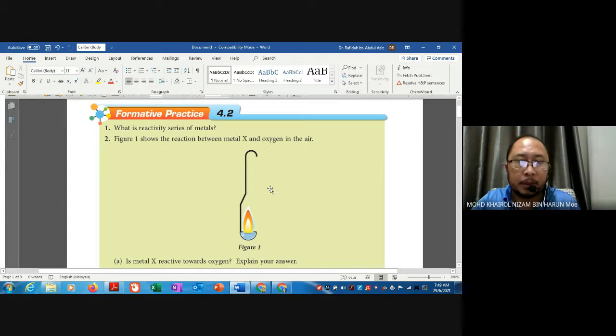Okay, question number 2. Figure 1 shows the reaction between metal X and oxygen in the air. The figure produces a bright flame here.